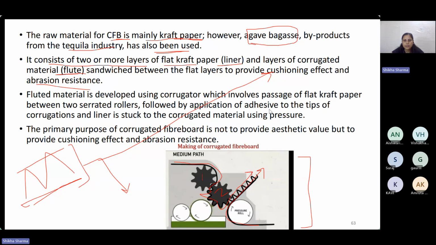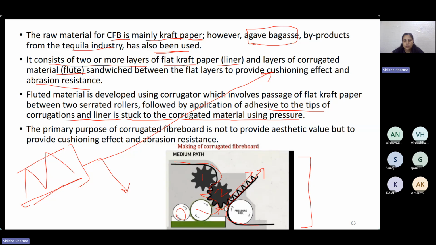This is followed by the application of adhesive to the tips of the corrugation, and the liner is stuck to the corrugated material using pressure. These rolls apply pressure and also provide some adhesive material.